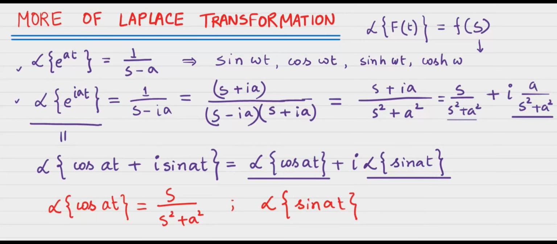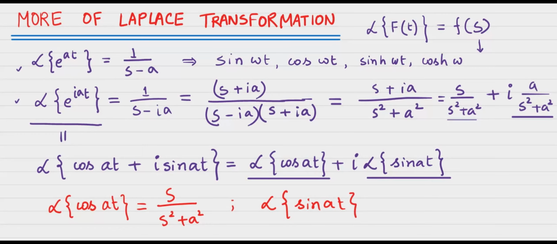So what about the Laplace transformation of cosine hyperbolic of at? We have one half L of e to the power at, plus L of e to the power minus at.